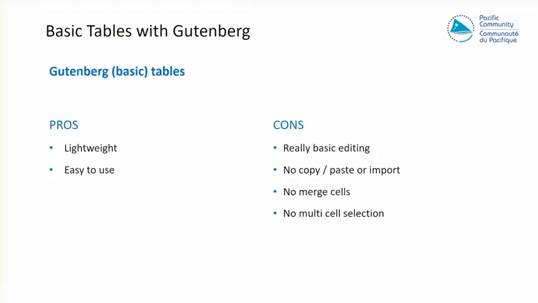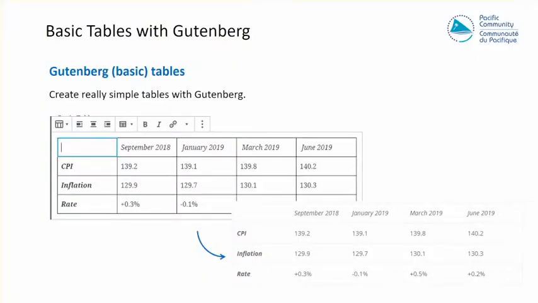This way to create tables is very lightweight, very easy to use because it's very basic. But you really don't have much options. Here you can see everything is aligned on the left, simply because I cannot do it differently. If I want to show numbers aligned on the right, as you would do normally, I can't.